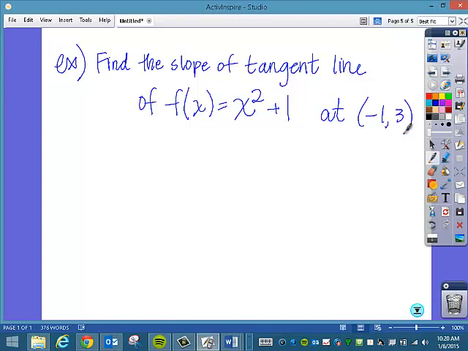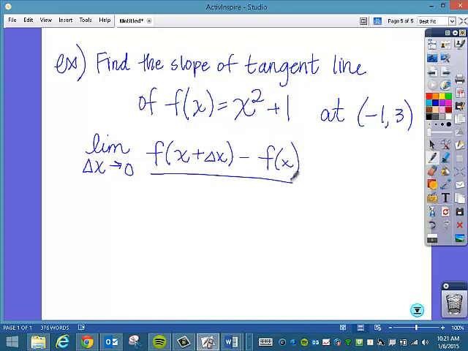So first thing we're going to do is use that formula. I'm going to copy down the formula: the limit as delta x approaches 0 of f of x plus delta x minus f of x over delta x, just to help me remember the formula. What this means is I am going to plug x plus delta x into my function.